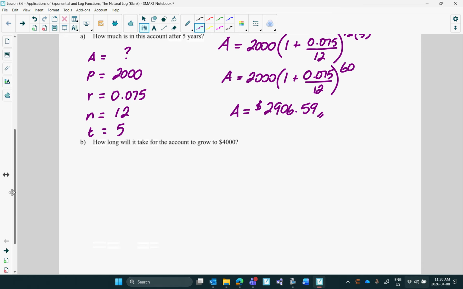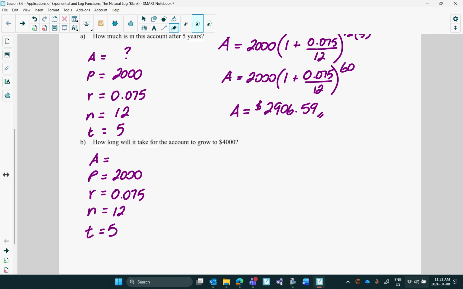That's pretty straightforward. This one is going to require a little bit more work, or knowledge of what we did in this unit. So again, A, P, R, N, and T. P is still 2,000. The interest rate is still 0.075. The compounding periods is 12. What does this represent?